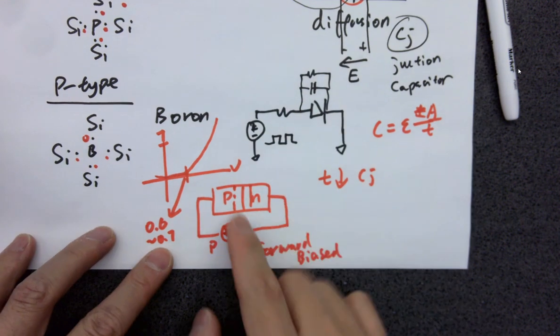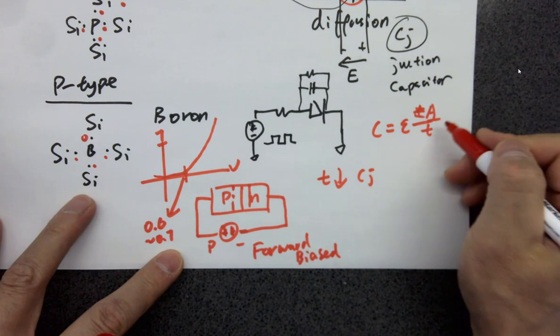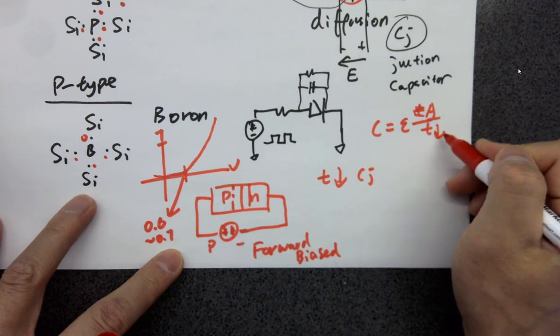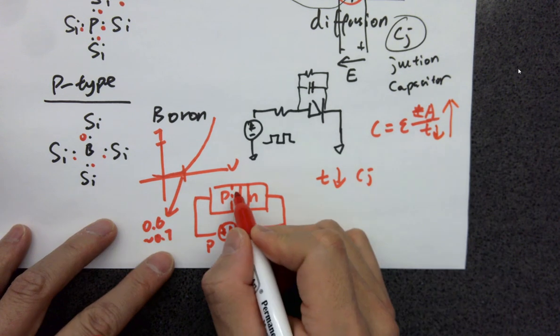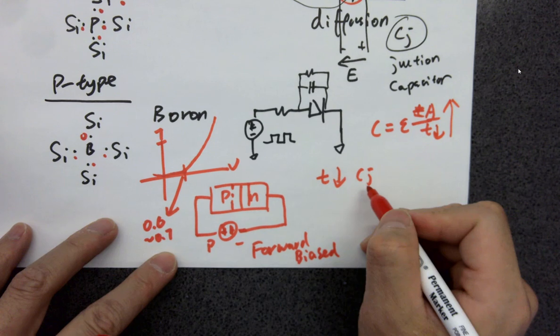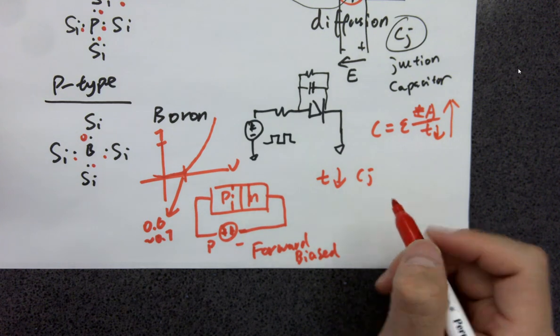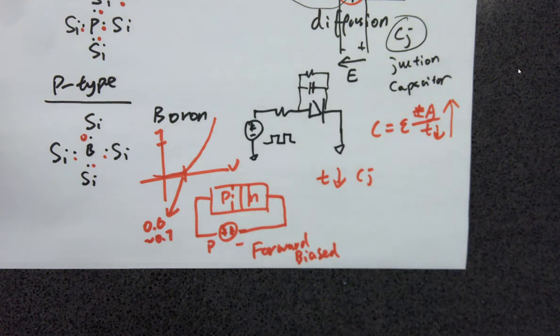So eventually, because this is getting thinner, T is getting smaller, so capacitance will be bigger. So a thinner depletion region will give you a bigger junction capacitance. That's the conclusion here.